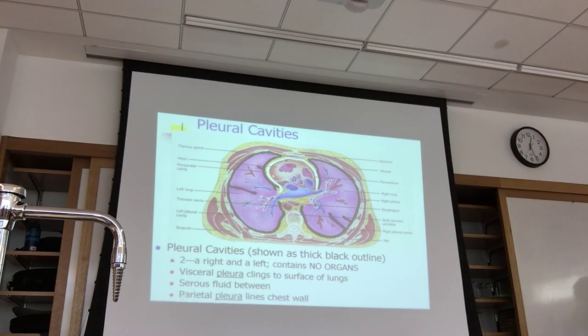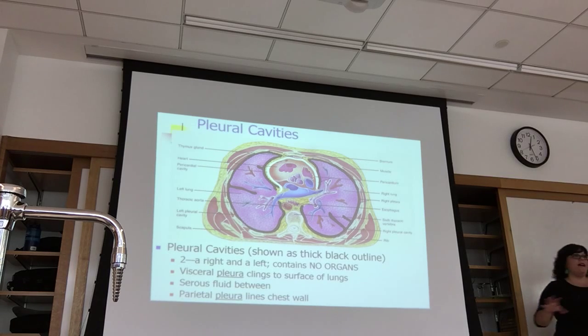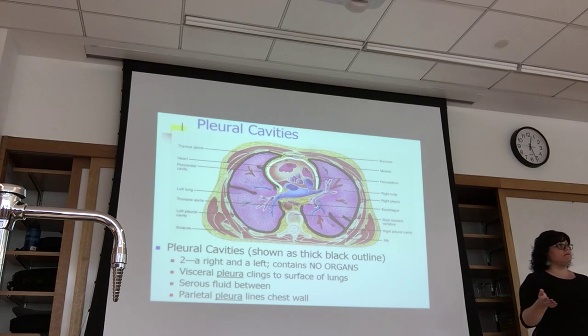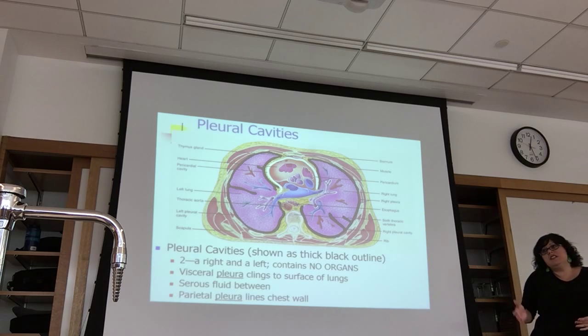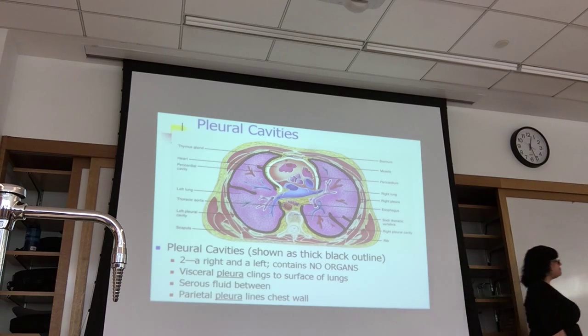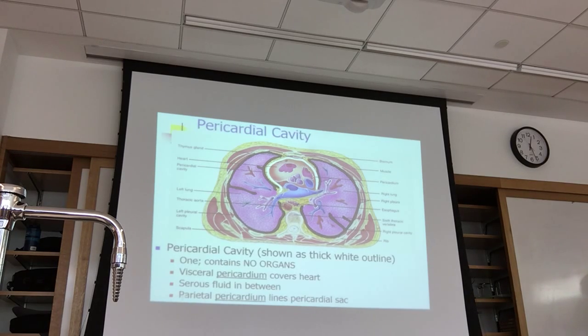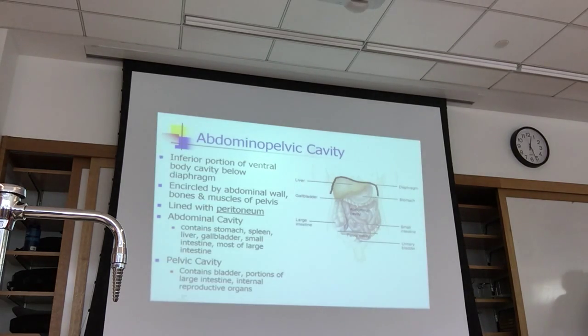I've colored it in white. So two separate cavities. Structurally, they're pretty much the same. Functionally, really, they're pretty much the same. But two separate cavities. Diaphragms. Any questions so far?